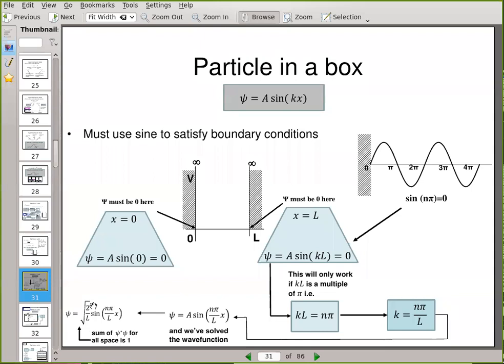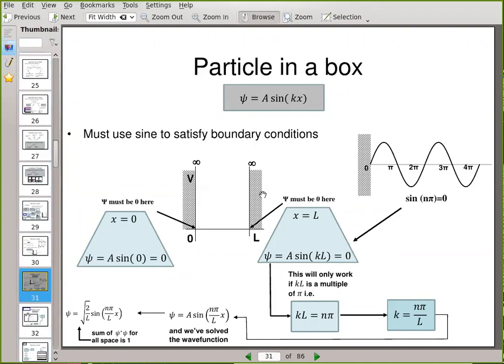I'm not going to ask you to integrate to find the value. Others have done it before, but we've got to normalize it so that the probability of finding your particle in the box is 100% and not any other value.